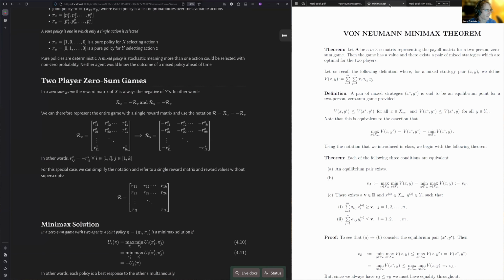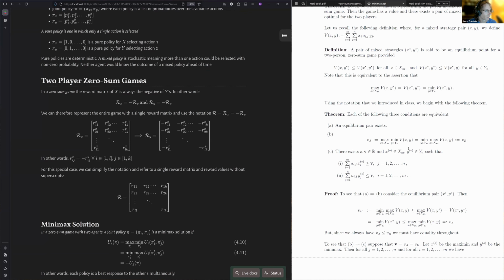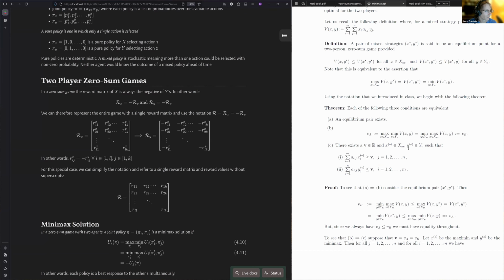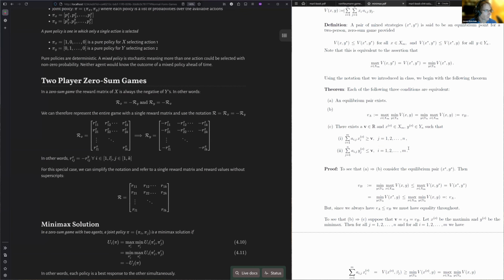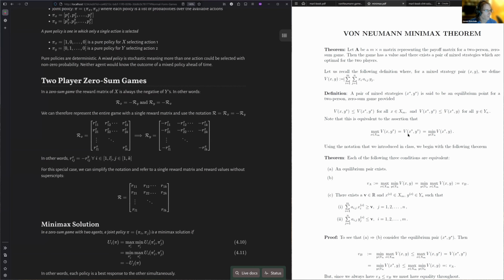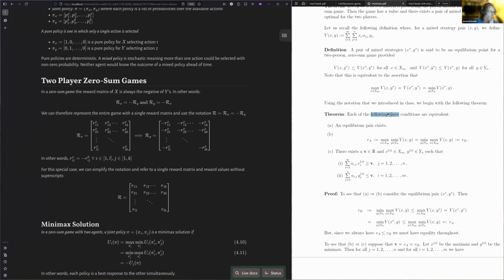But I did find, actually, yeah, so in this document, there's this theorem that all of these things are equivalent to each other.